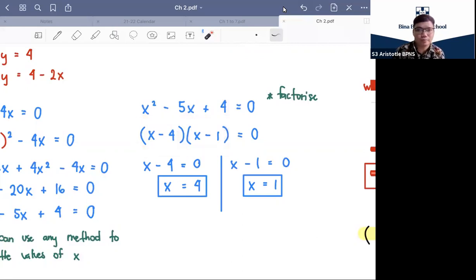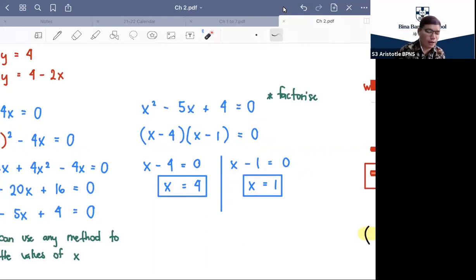All right. So from here, of course, you need to solve for the two values of x because, again, a nonlinear and a linear equation always, or mostly, intersect at 2 points. So it becomes x minus 4 equals 0, and then x minus 1 equals 0 over here. Therefore, the values of your x are 4 and 1.